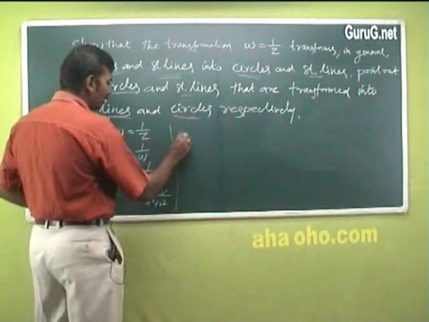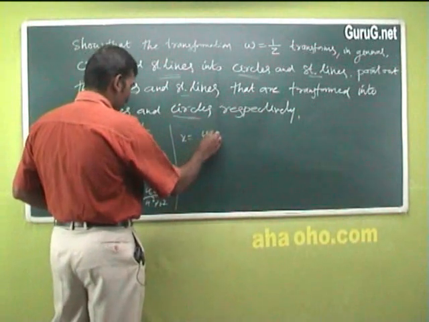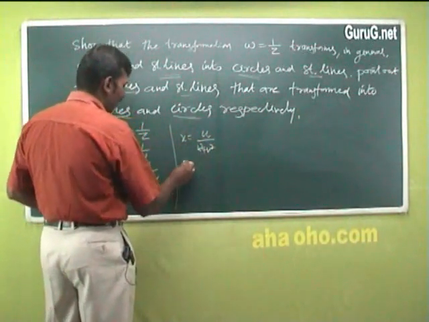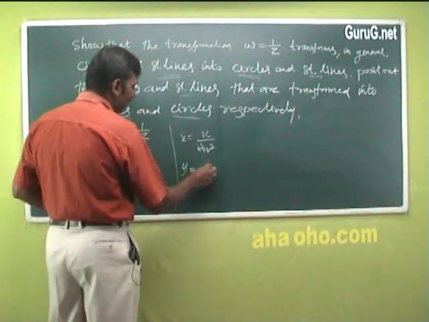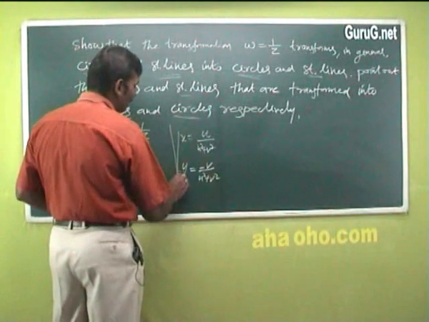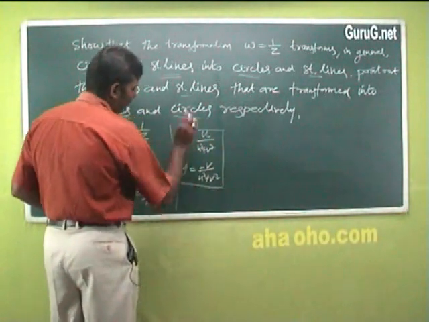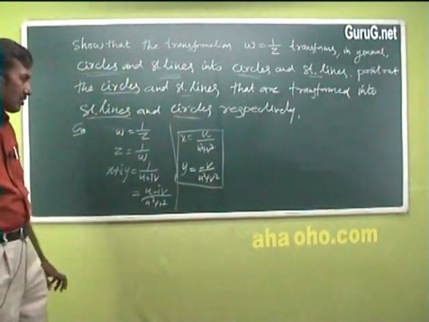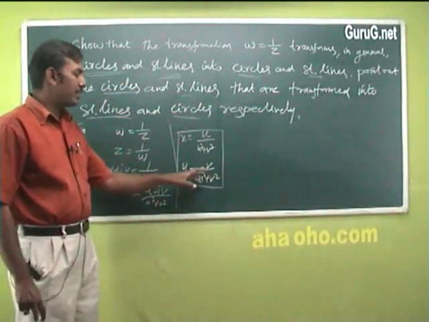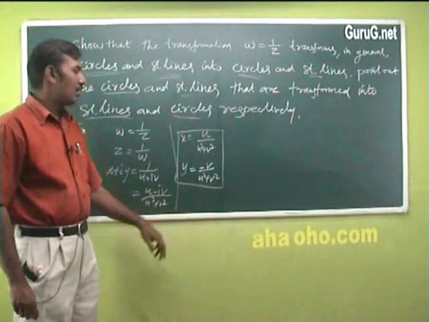So X equal to U by U square plus V square and Y equal to minus V by U square plus V square. These two are the transformation equations.